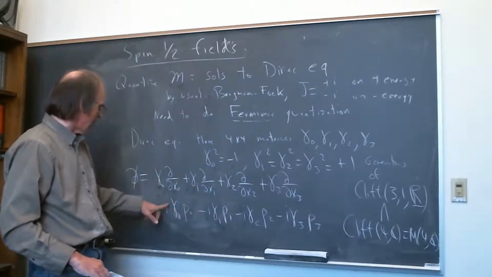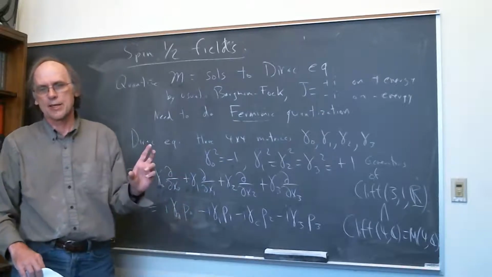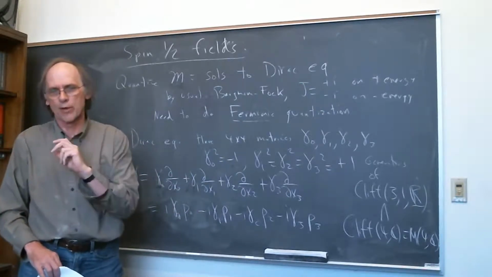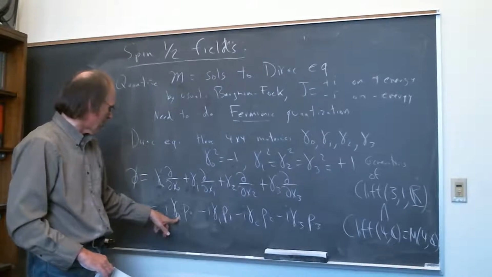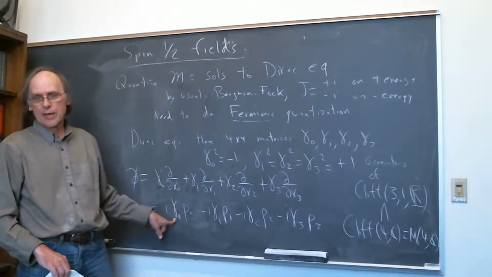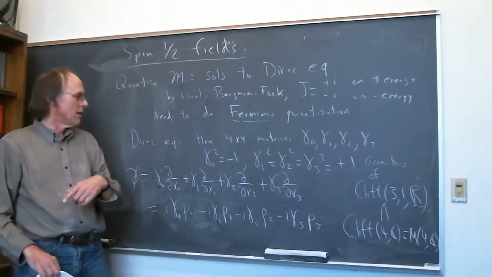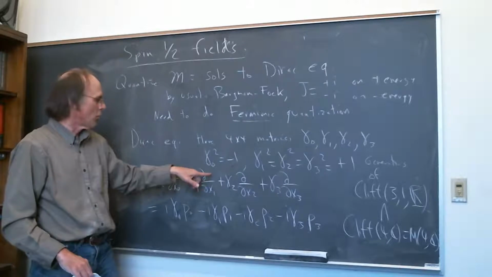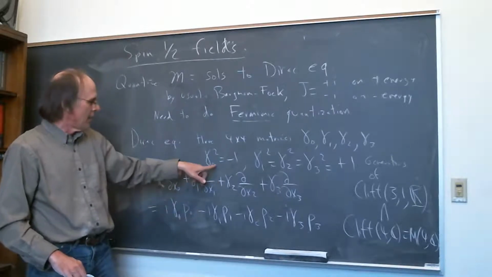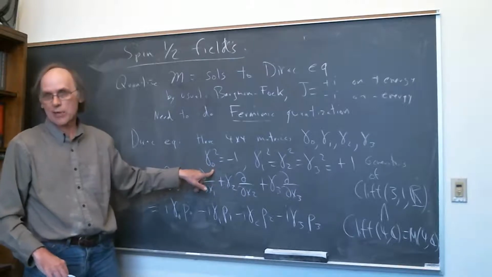The relative sign of these terms is very confusing. To make life even more confusing, if you decided to make gamma 0 minus gamma 0, that would not change this condition because the two minus signs would cancel.